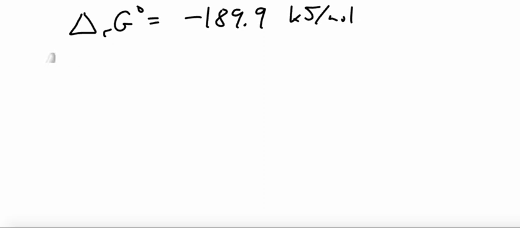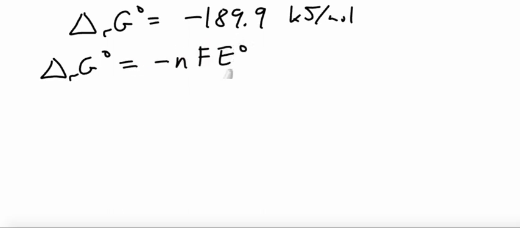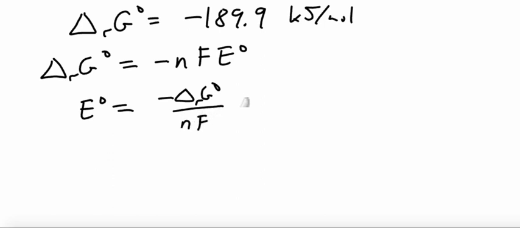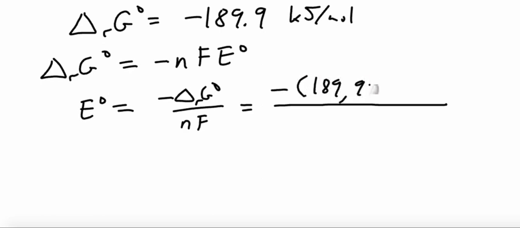So let's find E. So delta G standard is equal to negative N F E standard. So we can solve for E. E standard is negative delta G standard over N F. And for our reaction, we had 189,900 joules per mole.